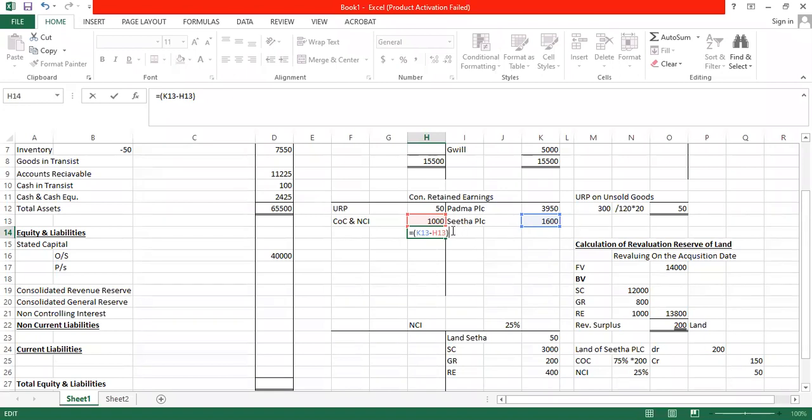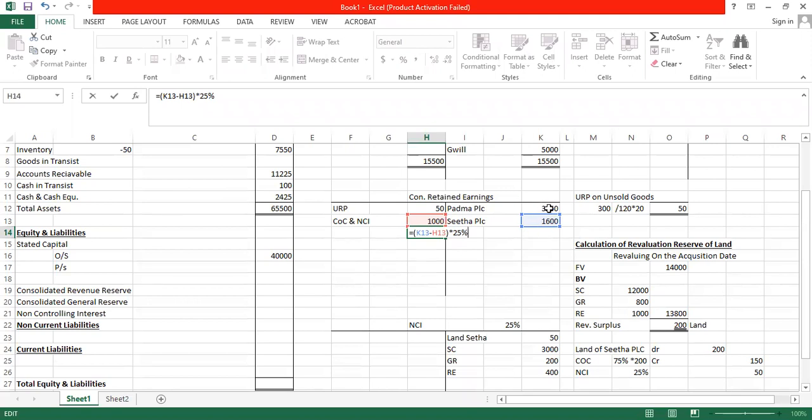From this 600, again you have to remove 25% to non-controlling party, because this is our consolidated retained earnings. If it is our consolidated retained earnings, we own only 75% of it.